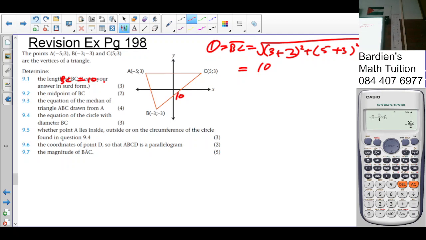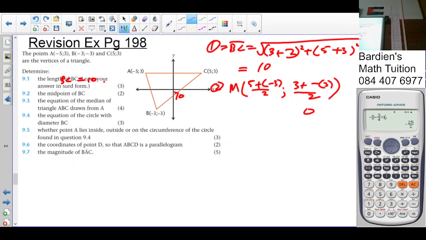The midpoint of BC. Okay, that's a straightforward question. BC has a midpoint somewhere there. So how do we calculate the midpoint? x1 plus x2 over 2, y1 plus y2 over 2. So the midpoint, let's call it M for now, is going to be 5 plus -3 over 2, and 3 plus -3 over 2.